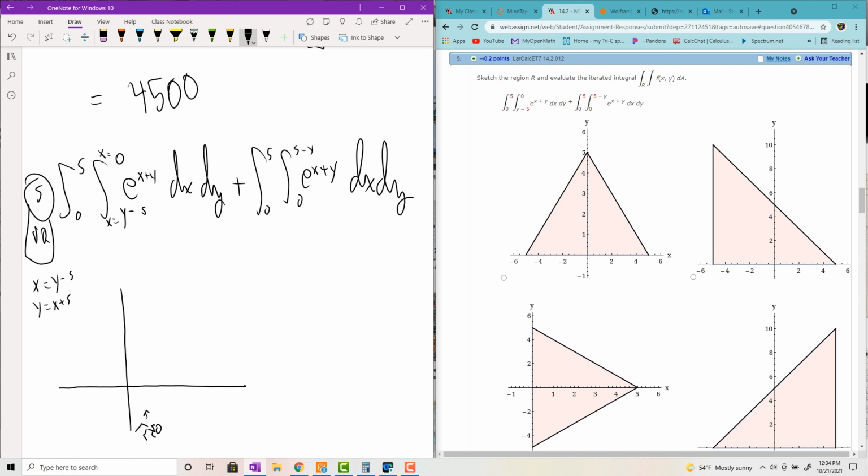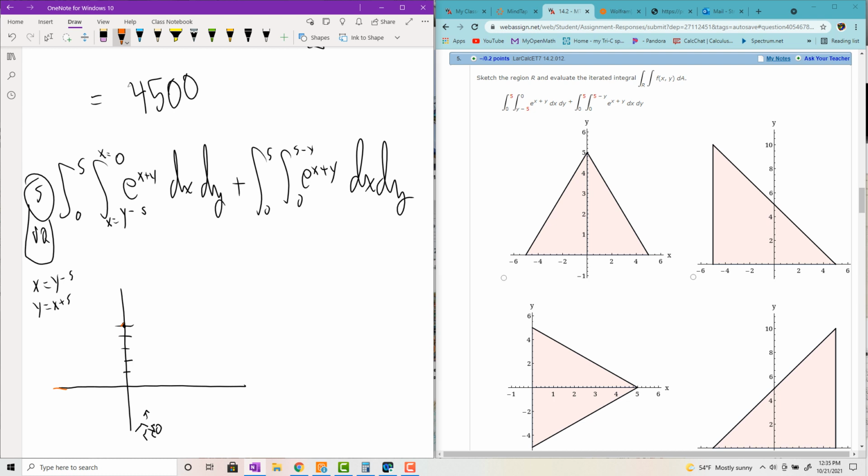The curve y equals x plus 5 has an intercept at 5. I'm going from x equals 0, which is the y-axis. Sorry, I said x-axis, no, that's the y-axis. X equals y minus 5 to x equals 0. That's kind of weird, right? That's like in the other direction.